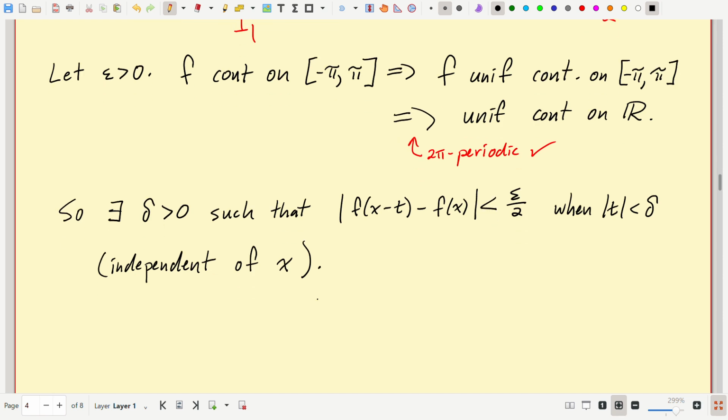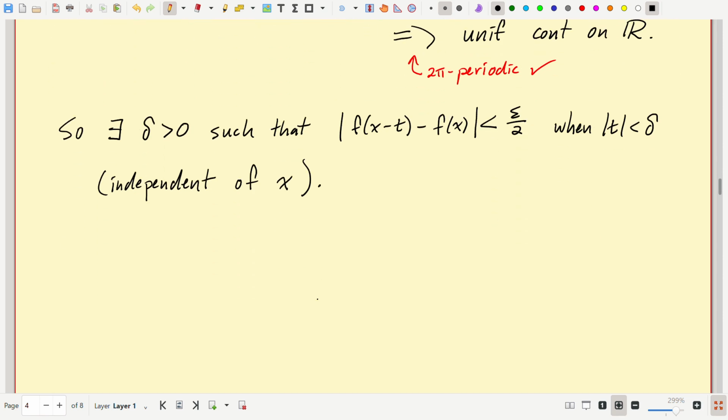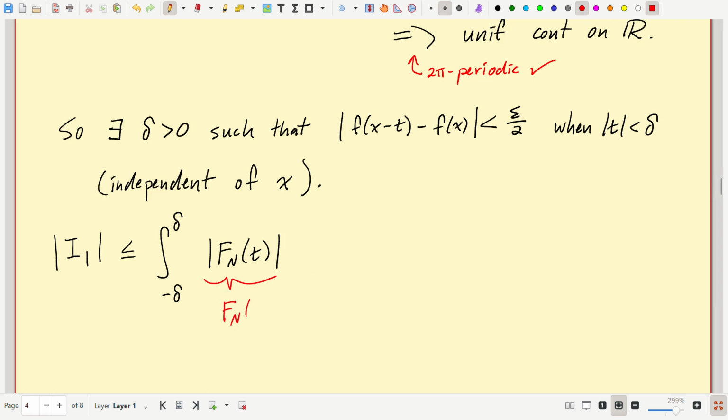Okay, so now first step 1, I'm going to estimate integral 1. They're both easy, but this one is very easy. The first integral is less than or equal to the integral from minus delta to plus delta, and when I put the absolute value under the integral, I'll have absolute fn of t, but that's the same as fn of t because it's greater or equal to 0.